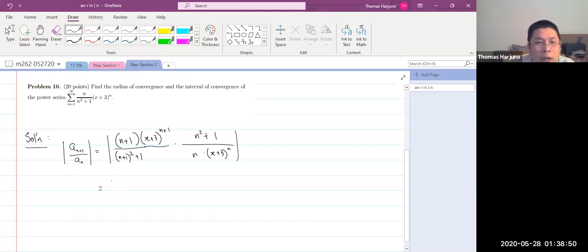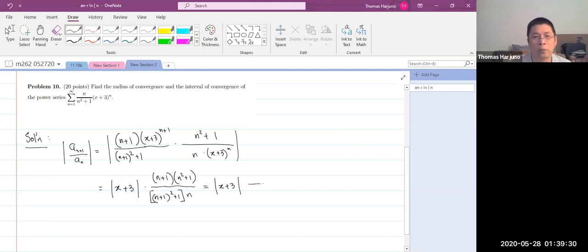Let me factor absolute value of x plus 3 out first. That one is easy, right? And then as for the n's, all of them are positive numbers, because we will bring n to infinity. So this is (n plus 1)(n squared plus 1) over ((n plus 1) squared plus 1) times n, times the absolute value of x plus 3.